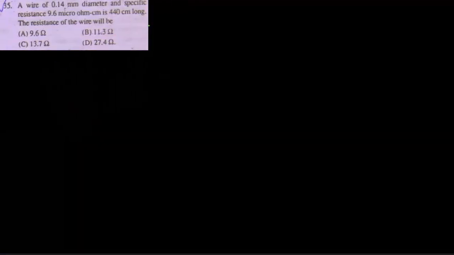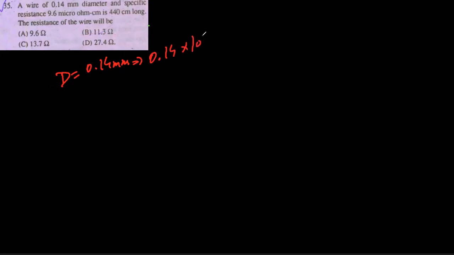Okay, next MCQ is: a wire of 0.14 millimeter diameter and specific resistance 9.6 micro ohm centimeter is 440 centimeter long. The resistance of the wire will be? So the diameter is given to me, and that is 0.14 millimeter. So that will be equal to 0.14 times 10 to the power minus 3 meter.